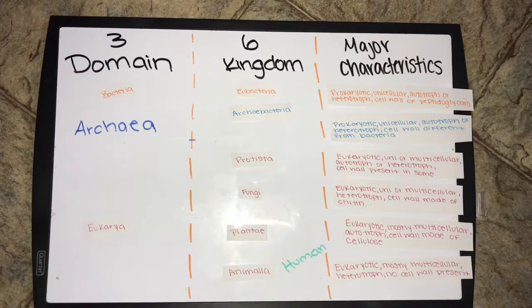Autotroph is when a species makes its own food, which will mostly be plants. And heterotroph is when a species eats other species' food that they have made. So it's basically like a heterotroph eating an autotroph's food.